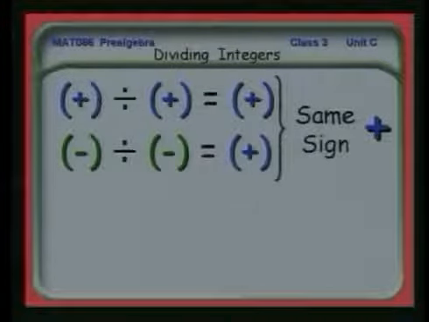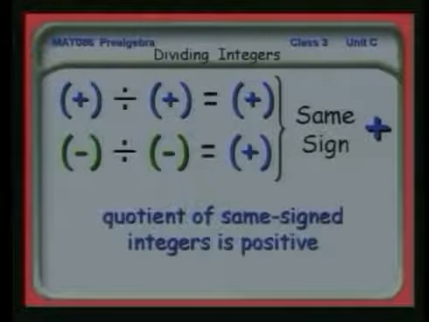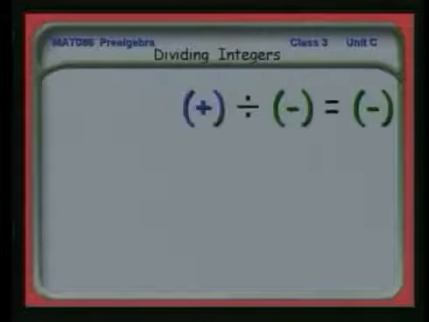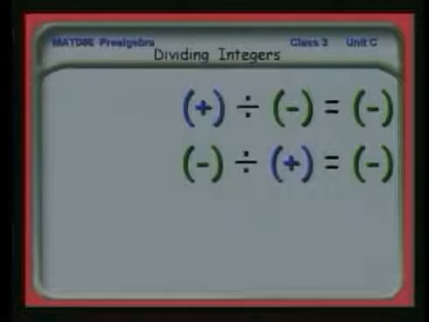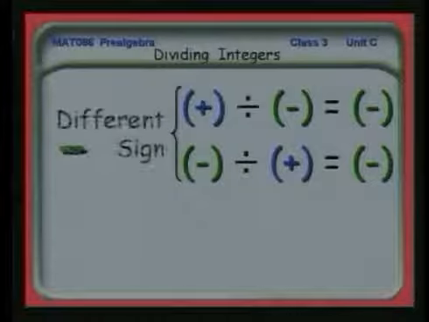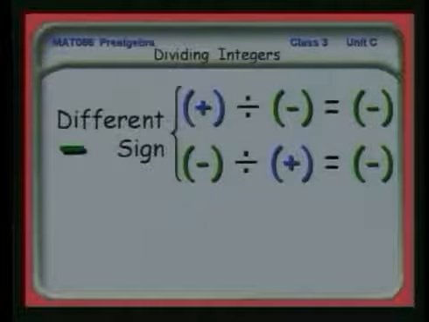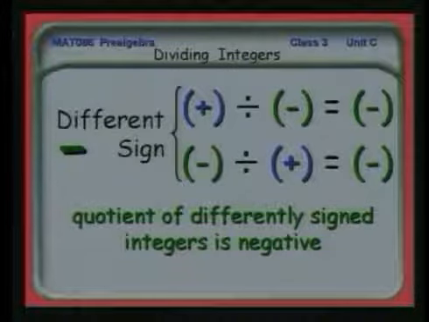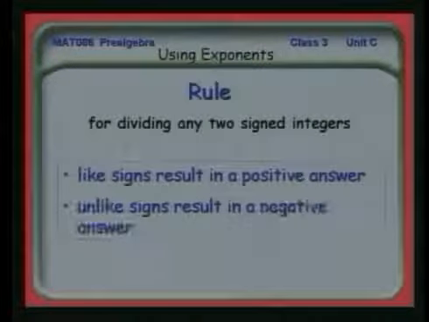Again, with the same sign, the result is positive. The quotient of same-sign integers is positive. Positive divided by negative is negative, and negative divided by positive is negative. In other words, when the signs are different, the result is negative. So the quotient of differently signed integers is negative.